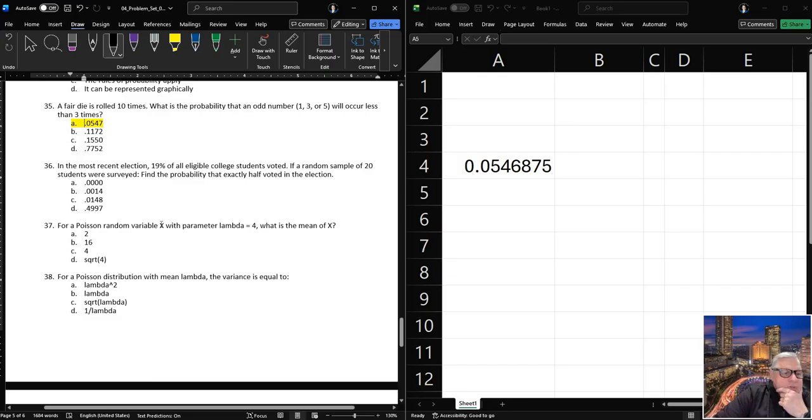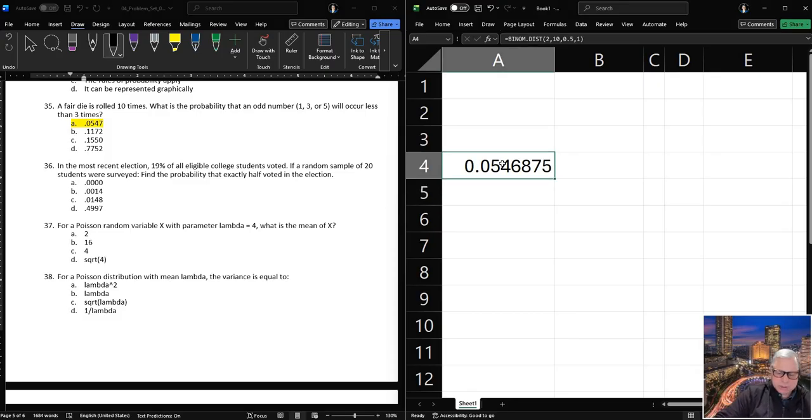In the most recent election, 19% of all eligible students voted. If a random sample of 20 students were surveyed, find the probability that exactly half, which is 10, voted.